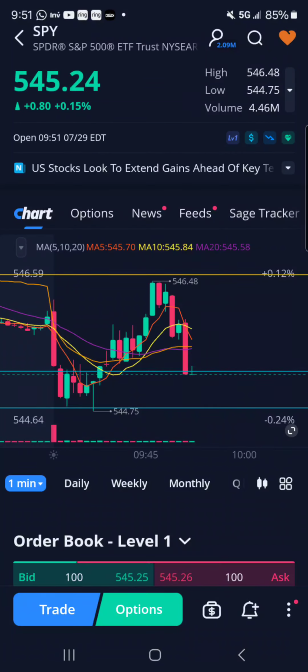So let's see if we're holding, if we're bouncing off this level, or if we're going to reject. But these two red candles are very strong.